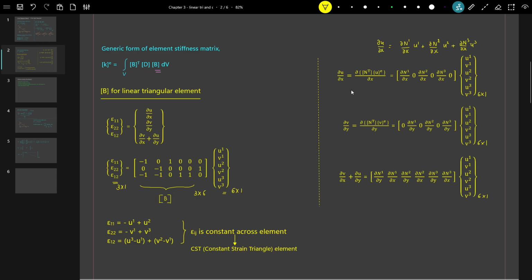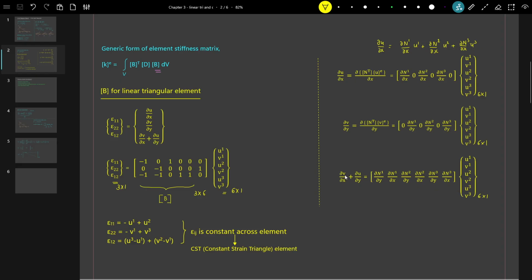So this is dou u by dou x. Similarly, dou v by dou y is again dou n1 by dou y into v1 plus dou n2 by dou y into v2 plus dou n3 by dou y into v3. And similarly, for dou v by dou x plus dou u by dou y, we get something like this.